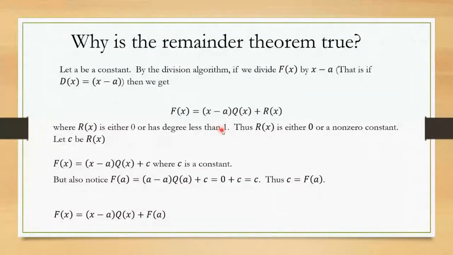And then here I just give sort of a proof, or like an outline, I guess, why the remainder theorem is true. Well, remember, if you're dividing this by x minus a, so that's what d of x is, in the division algorithm, your remainder is going to be identically 0 or have degree less than your divisor, which is d of x. D of x here has degree 1.